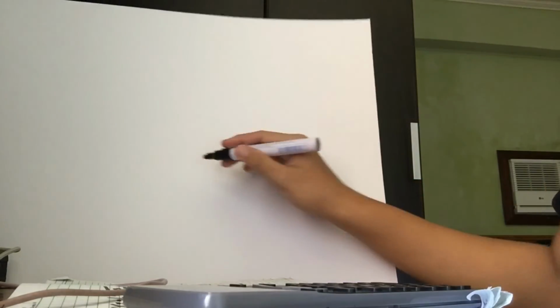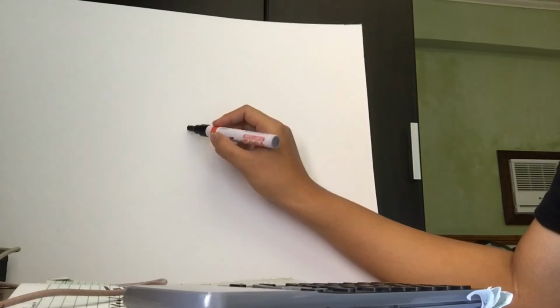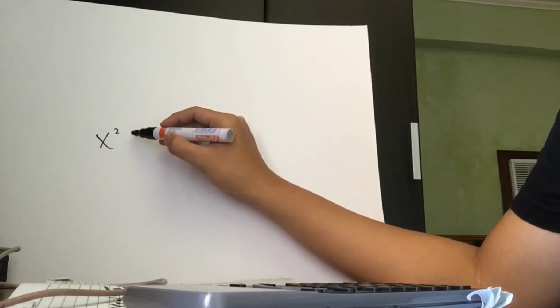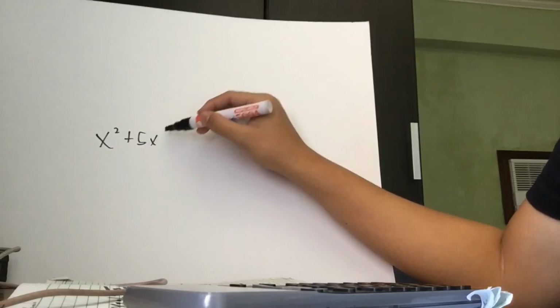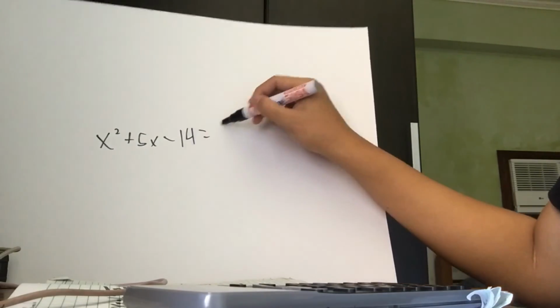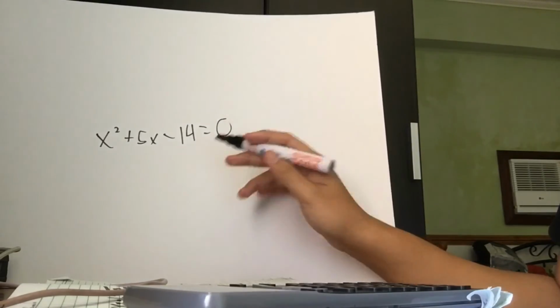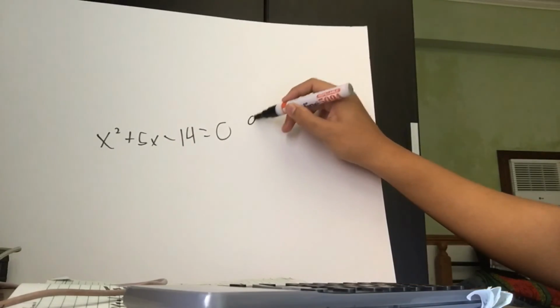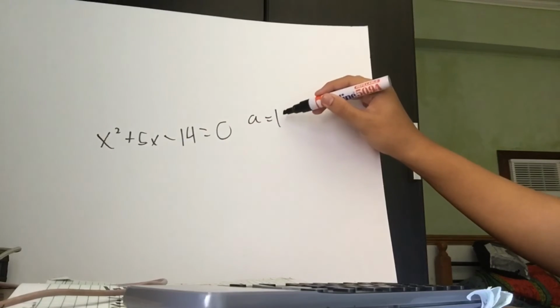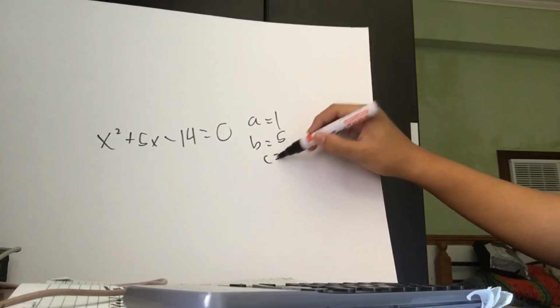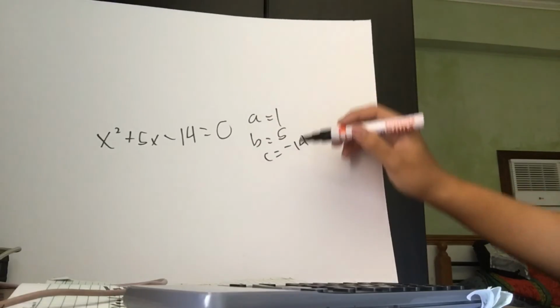Our last example will be x squared plus 5x minus 14 equals to 0. So you don't need to convert it to standard form because it's already in standard form. Our a is 1, our b is 5, our c is negative 14.